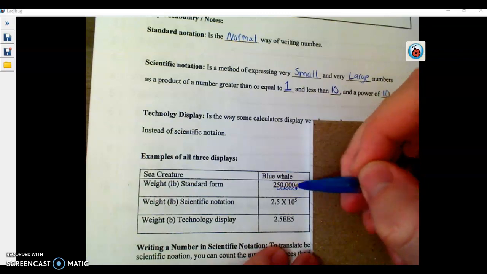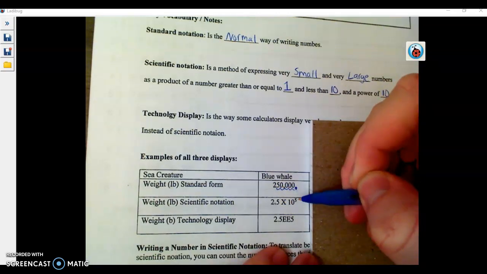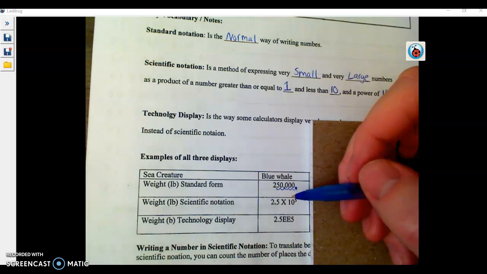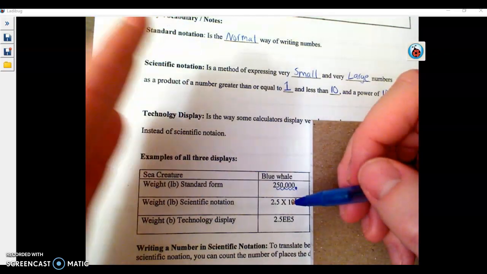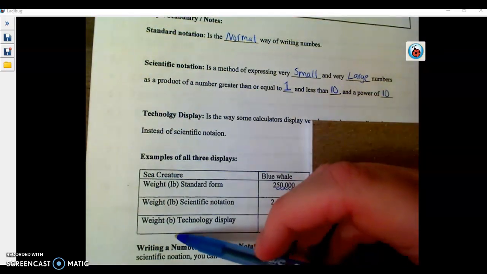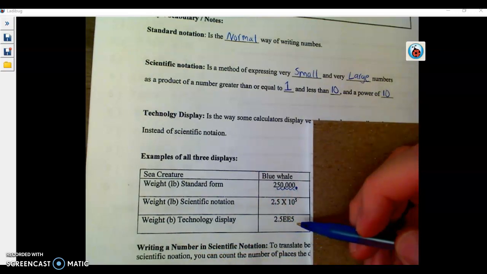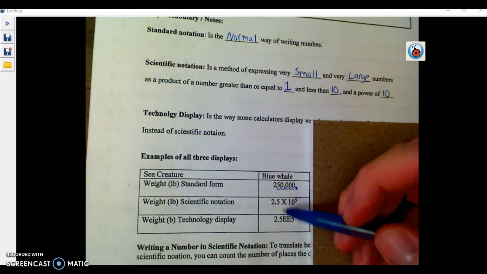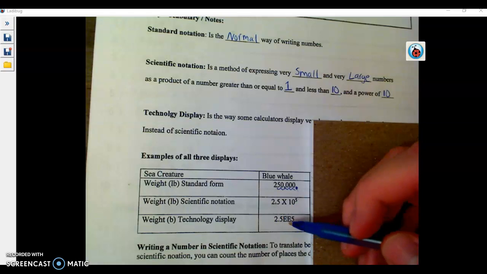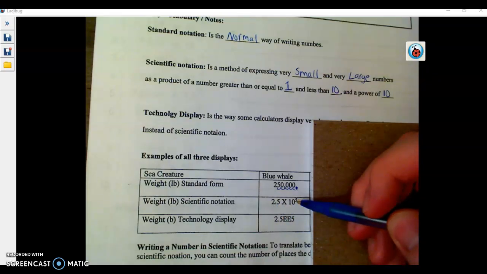Since I moved the decimal 5 places, that's like times 10 to the power of 5, because hopefully you know anytime you multiply by 10, it moves the decimal one spot over. So the technology display would be 2.5 EE5. It's the same thing. If you see EE, it's just like times 10. So 2.5 EE5 is the same as 2.5 times 10 to the power of 5.